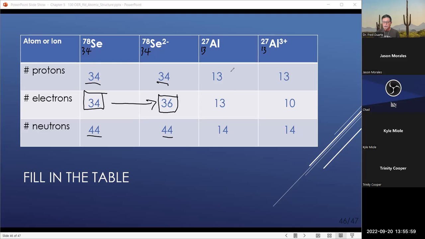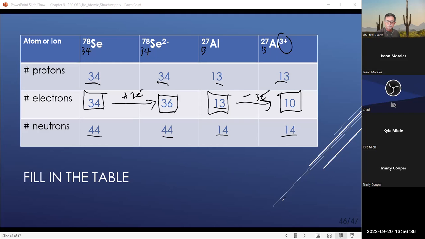Aluminum has 13 protons, be it the element or the ion. It has 14 neutrons in both cases. Where they differ is the number of electrons. Here, it lost 3 electrons, and here, it gained 2 electrons, and hence the charge for the ion.